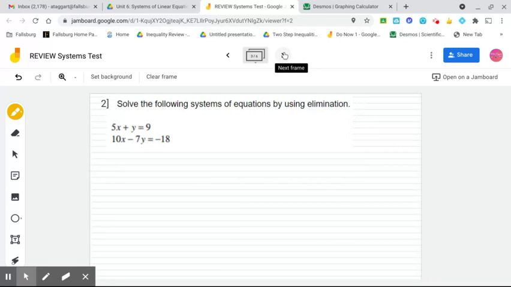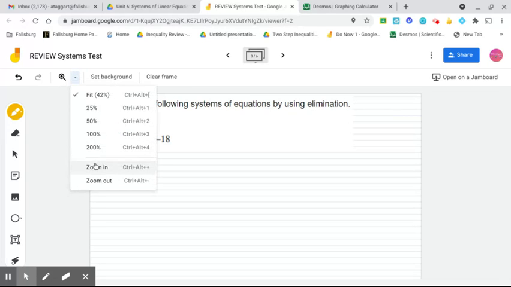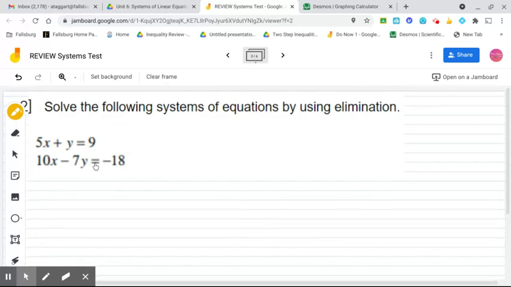Okay, number 2, solve the following systems of equations by using elimination. It's very important when we are solving these problems that you're using the method that it says, whether it be elimination or substitution. You need to make sure you're following these rules.